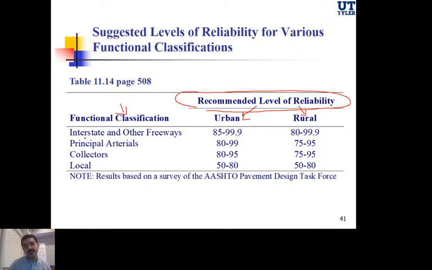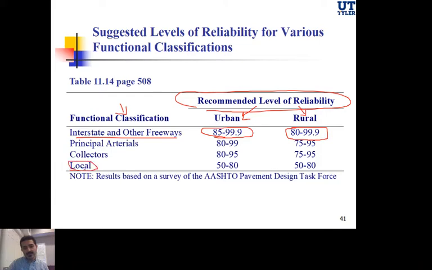For example, for an interstate or any other type of freeway in an urban environment, the reliability level will be between 85 and 99.9%, which is the highest reliability level within this table. If it's in a rural setting, we can lower the reliability level a little bit, from 80 to 99.9. And the list goes on down all the way to a local street.